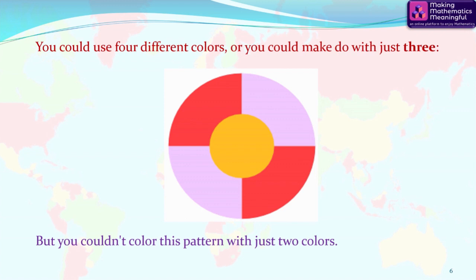In this case, we need the use of a maximum of 3 colors as shown. So this is the first color used, this is the second color, and this is the third color used. But with using only 2 colors, it is not possible.